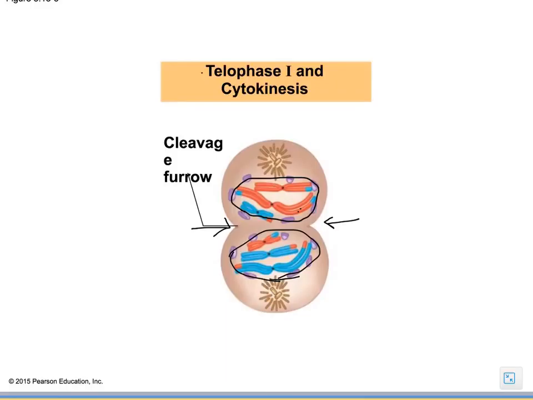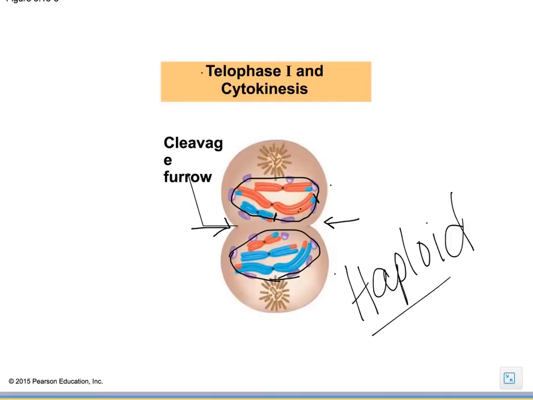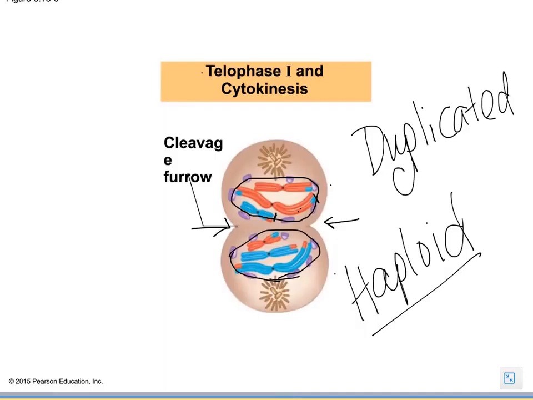But notice they're still duplicated chromosomes, but the number of chromosomes in each of the cells is cut in half. So at this point, these are haploid cells, because the chromosome number is cut in half, but they are duplicated chromosomes, and that's the big difference. Okay, so telophase 1 and cytokinesis.